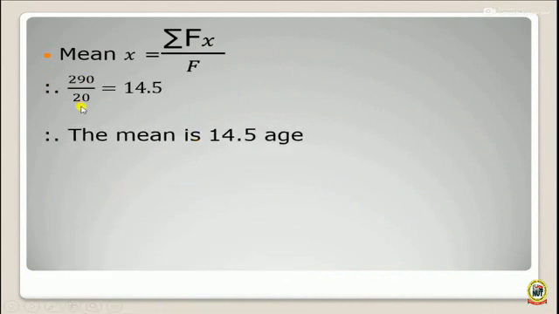So 290 divided by 20 will give you 14.5. It implies that the mean age of the class is 14.5 years. 14.5 years is the mean age of the students in the class.